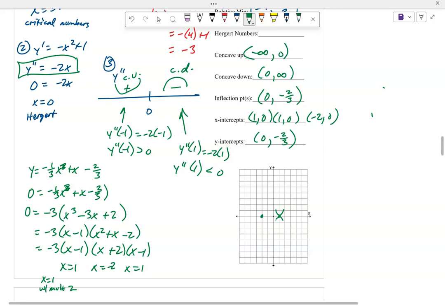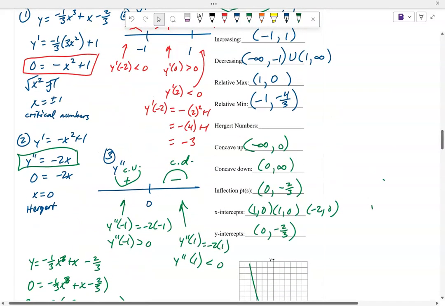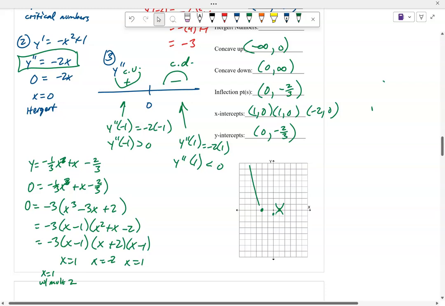And let me put on my graph here 0, -2/3, about right there. So I'm coming down, I'm decreasing, -1, but I still stay concave up until 0. And then I change concavity.